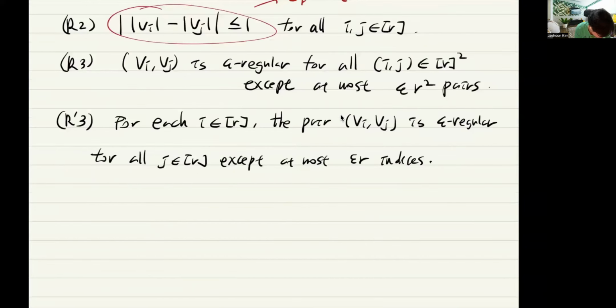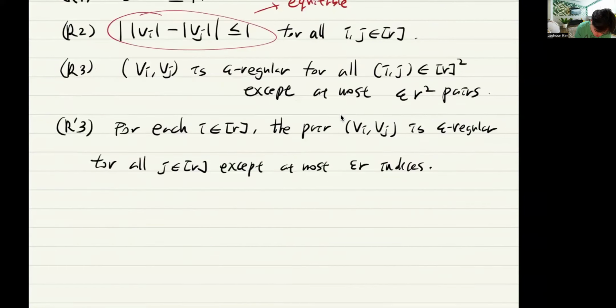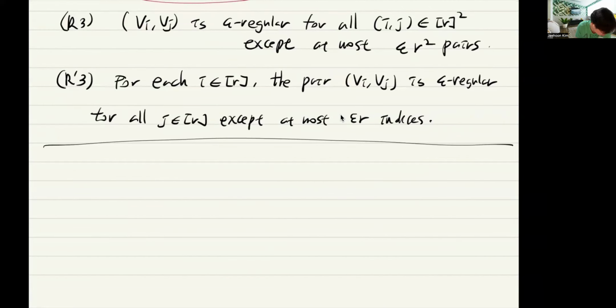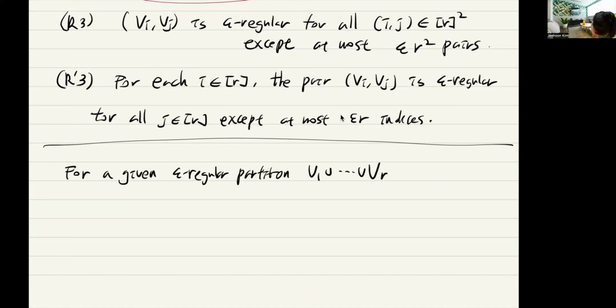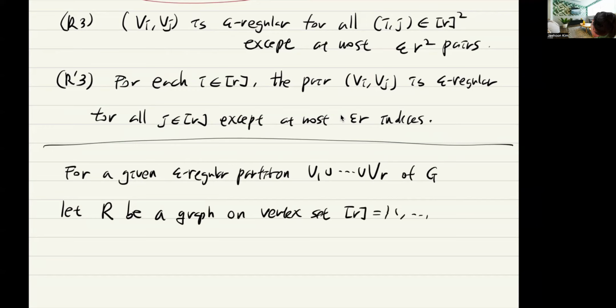Okay, in order to use this Szemeredi regularity lemma, there is also a concept that we need to define. If this epsilon regular partition B1 to BR is given, we define the graph R, a graph on vertex set [R], the numbers between 1 and R, which are the indices of B1 to BR.